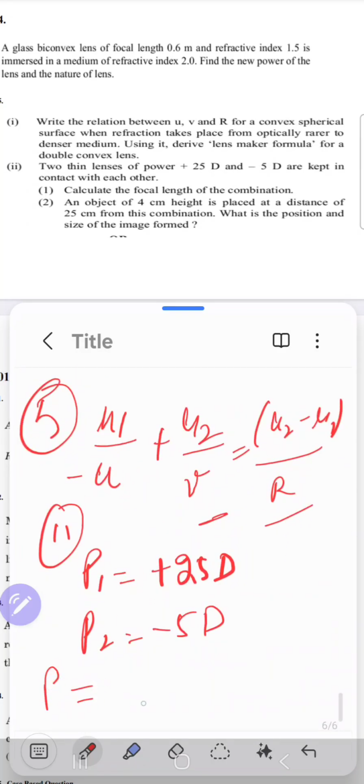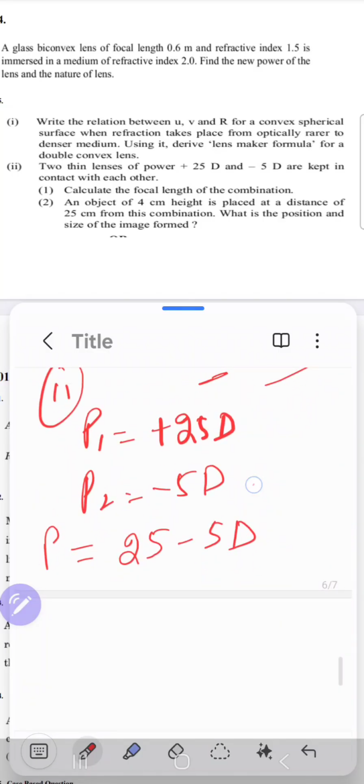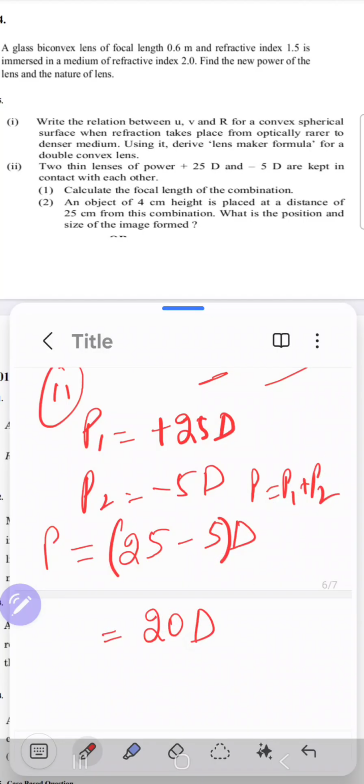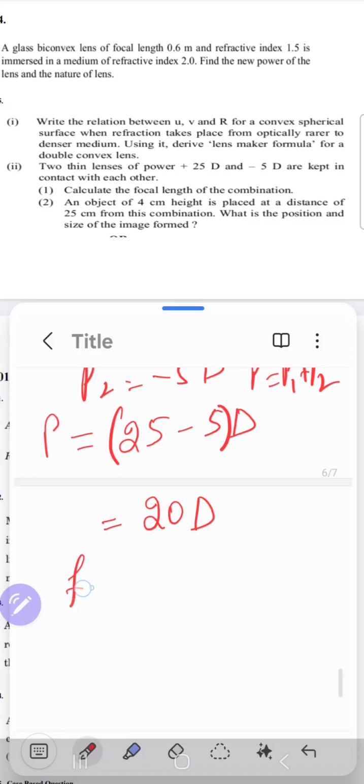So power of the combination we can find out, 25 minus 5D, using the formula P is equal to P1 plus P2. So this would be 20 diopter. So this is the power, and focal length would be 1 over 20. Here focal length would be in meters. So this would be 0.05 meter.